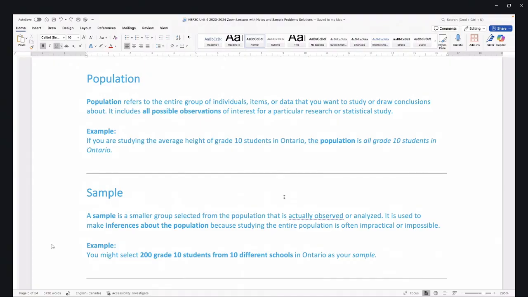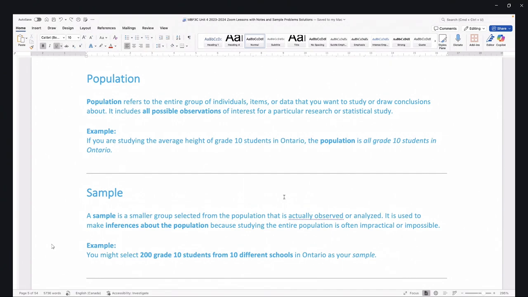But that would be the population. Now, I don't have the time or resources to check everyone's weight and how tall they are of every student in Ontario. Just not feasible. It's just too many. We'll be in the millions.